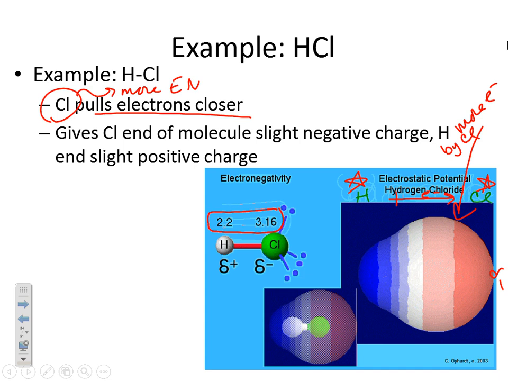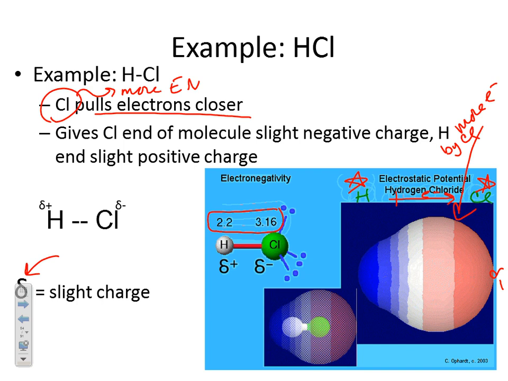Now remember, you saw in the comic this symbol, delta negative or delta positive. It means a slight charge. So this chlorine side has a slight negative charge because the electrons are pulled closer to it, which means the hydrogen side is left with a slight positive.